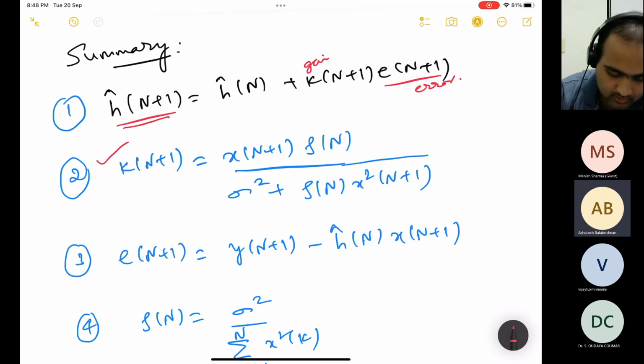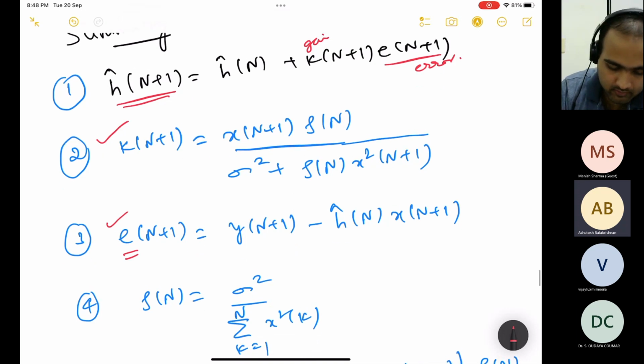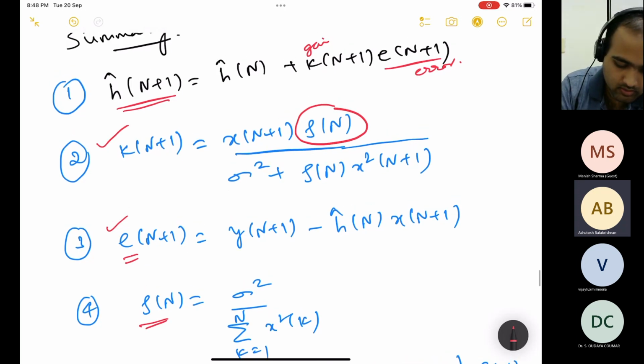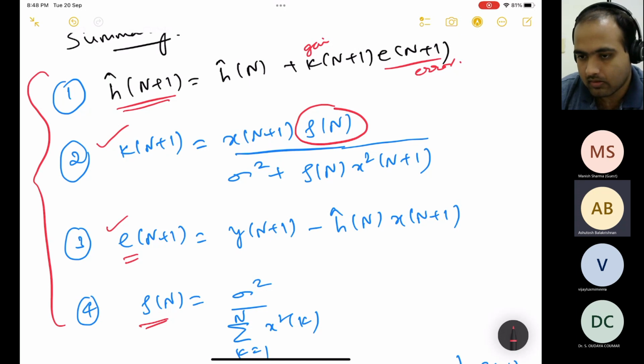And our error is shown in bullet 3, so this is y n plus 1 minus h hat n x n plus 1. And finally, we have the rho n, which we require, as shown. So just using these 4 equations, we can solve any problem, and we'll see when we solve the problems.